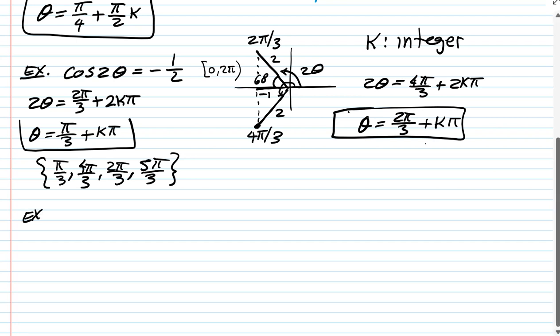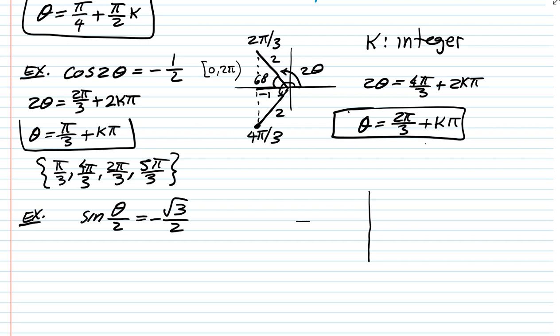Now let's take a look at another one. This one, suppose I have sine of the half angle equal to negative root 3 over 2. So this time sine is negative. Well, sine can be negative in 2 quadrants, correct? Could be here, negative root 3 over 2.